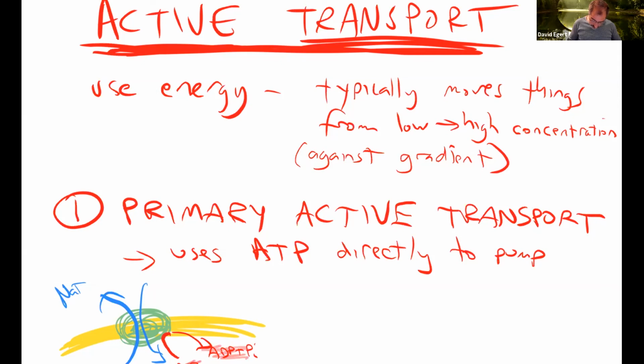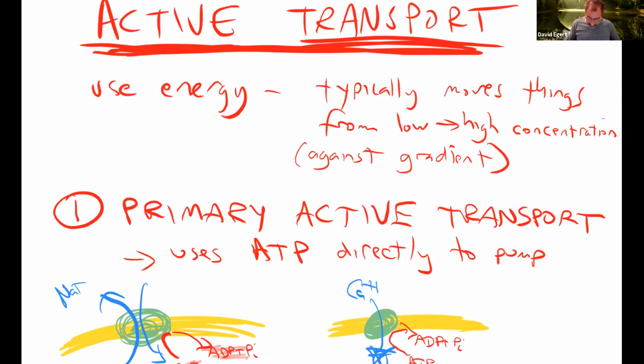I'm using the power of ATP, breaking it apart into ADP, and using that energy to pump the sodium against its gradient and potassium against its gradient. So that's an example. Another one we'll see are calcium pumps. You're pumping calcium into some reservoir, and to do it, you're going to have to take ATP and break it apart into ADP plus phosphate.